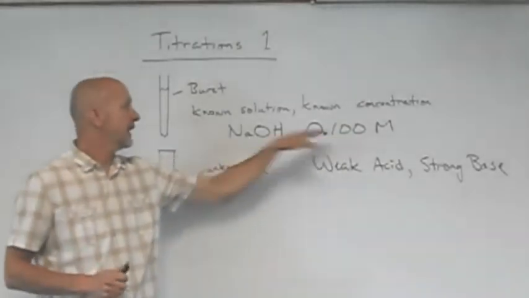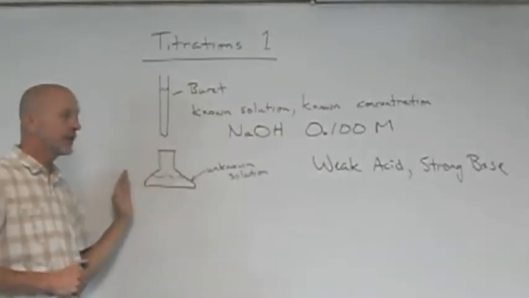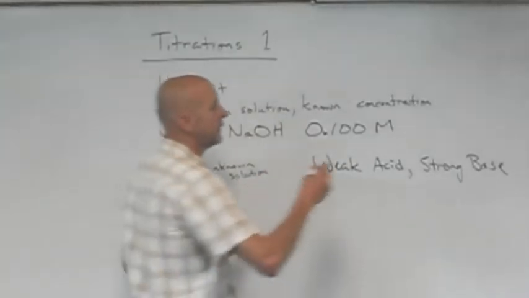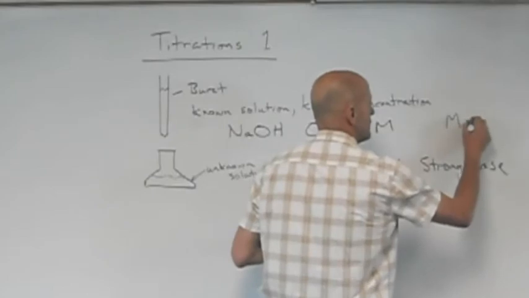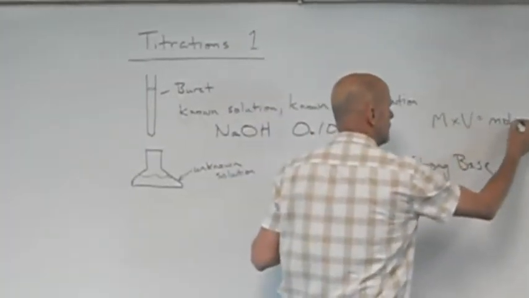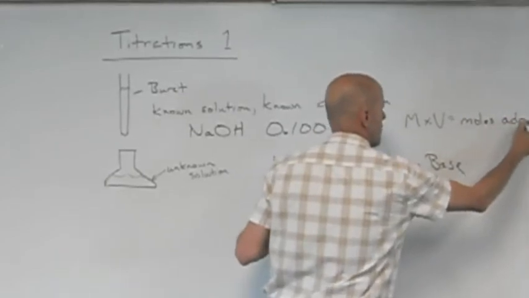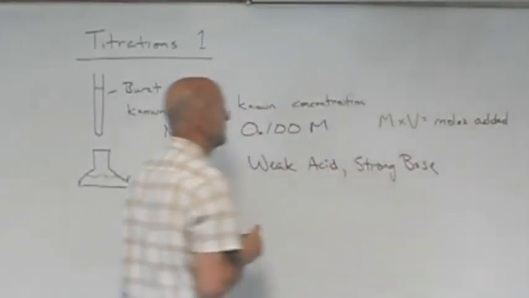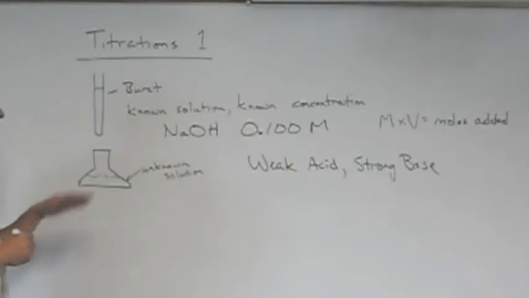Therefore, I can calculate the amount of sodium hydroxide I'm adding by saying, well, the molarity times the volume equals the moles added. In my unknown, I'm going to put some sort of unknown solution of a weak acid.